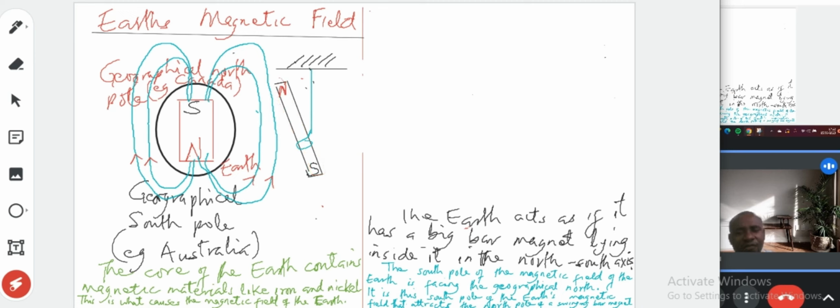If this bar magnet is suspended horizontally by a string and then it settles, the north pole of the bar magnet will always point to the geographical north of the Earth.